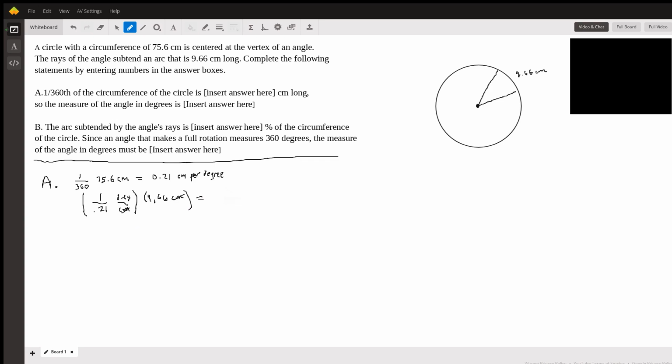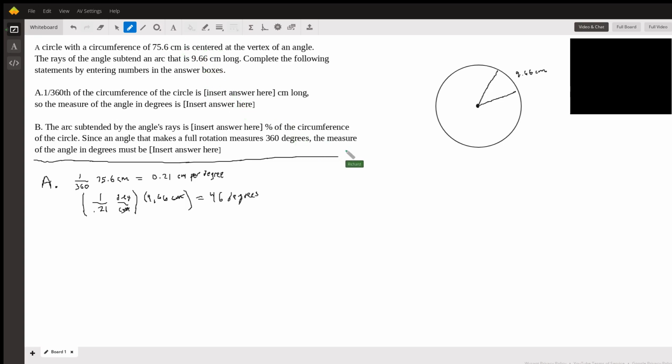So let me do this on my calculator. 9.66 divided by 0.21 is 46 degrees. So I wouldn't do it this way. I'm going to show you how I would do it, just to illustrate that it's not so complicated.